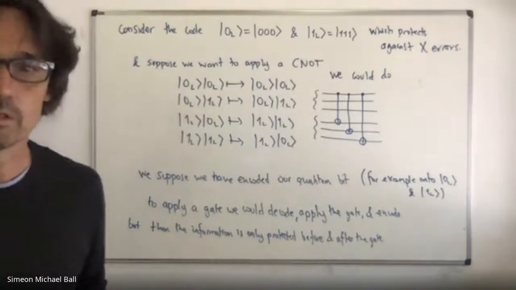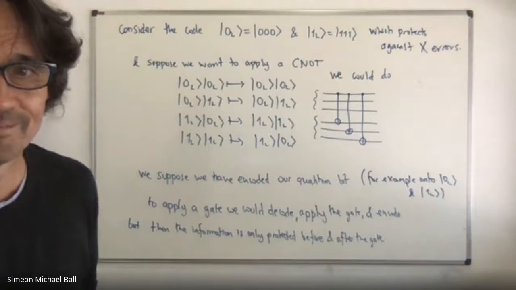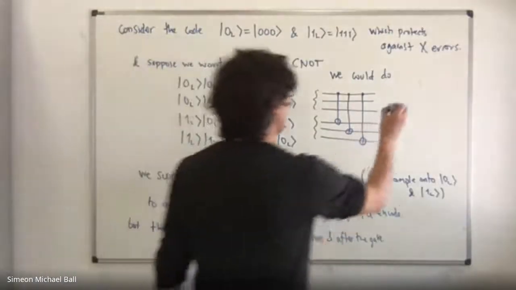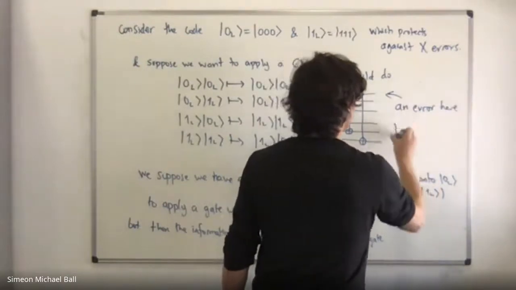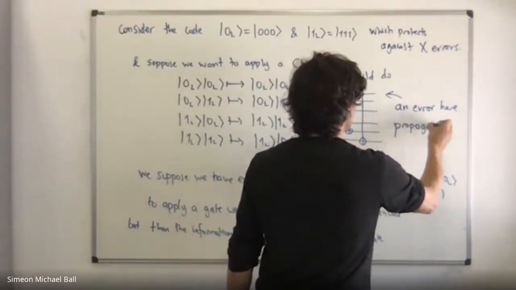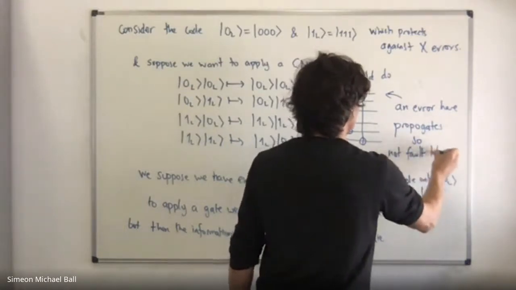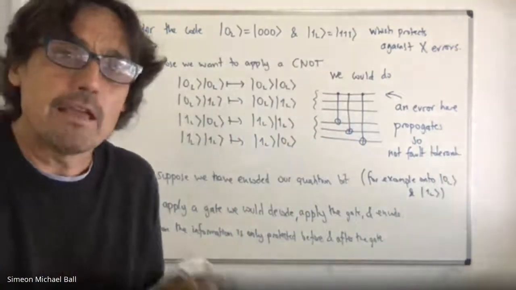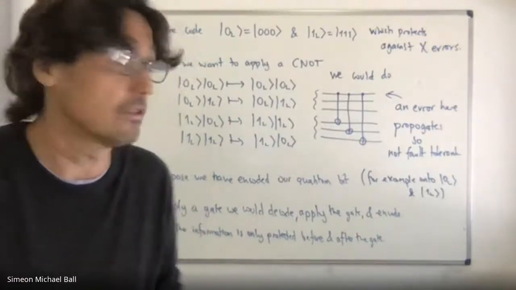This would do it, right? No? This is not good, because an error here on the first wire, of probability p, will then transfer to the other 3.